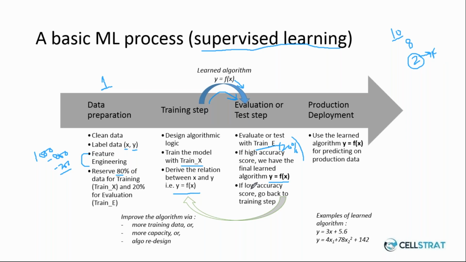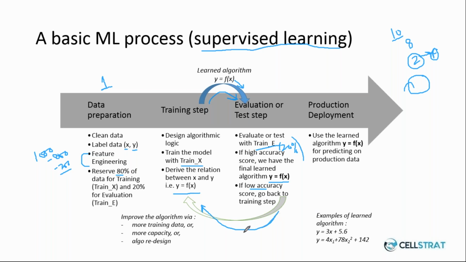And if I find that during testing the accuracy of my model is low, then I'll send it back for retraining. So during testing, during the final exam, if a student fails the final exam, the student has to repeat the class, isn't it? The student will continue to repeat the class and not be promoted to next class unless and until they are able to pass the final exam, right?